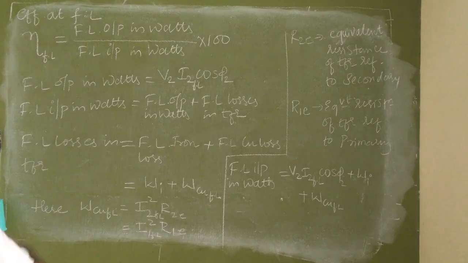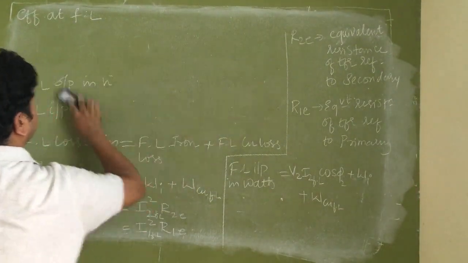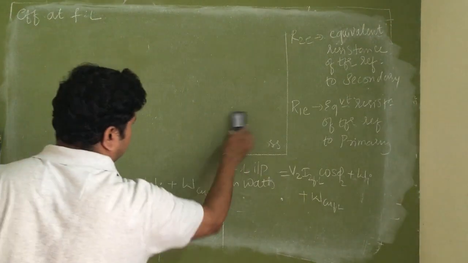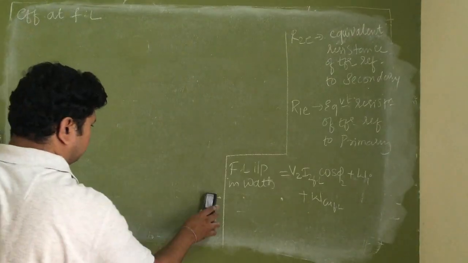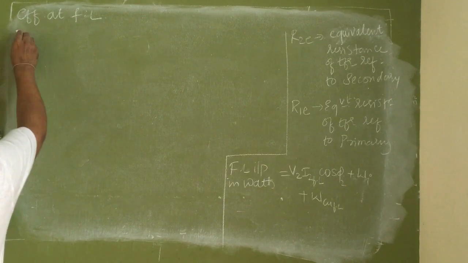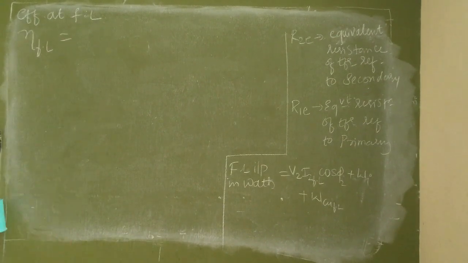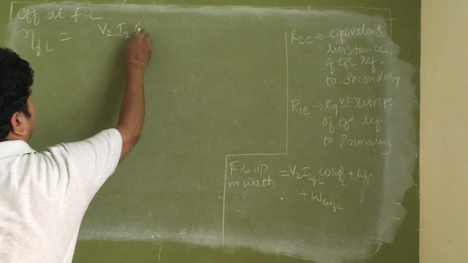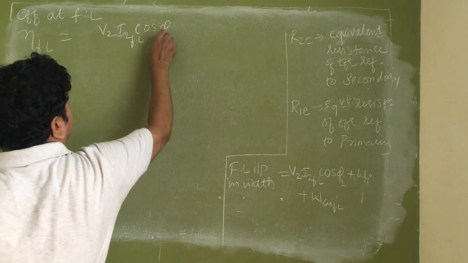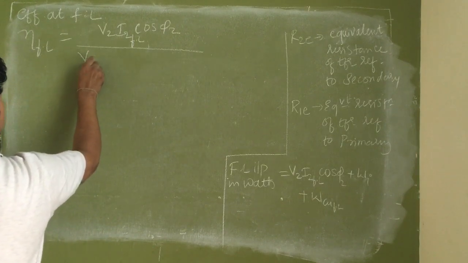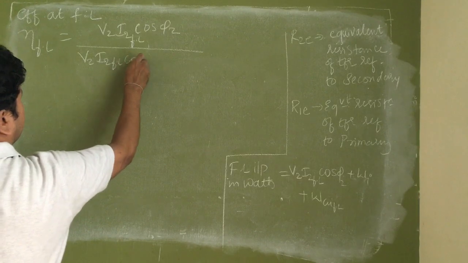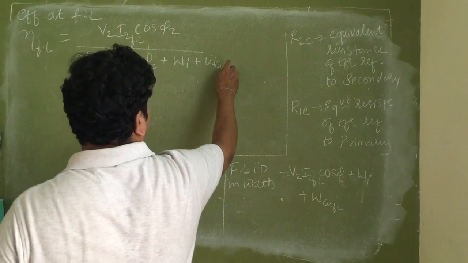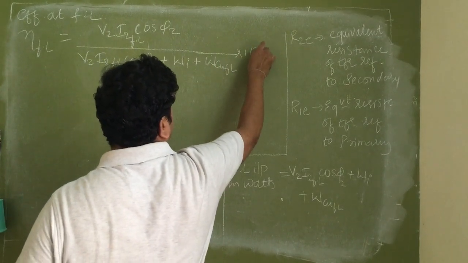So efficiency at full load is equal to V2 I2 full load cos phi 2 divided by V2 I2 full load cos phi 2 plus iron loss plus full load copper loss, into 100.